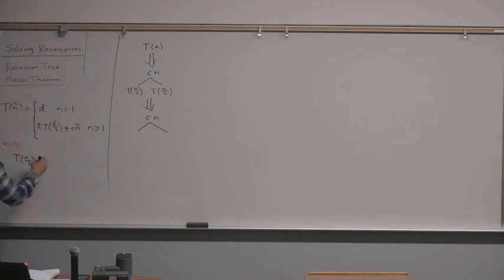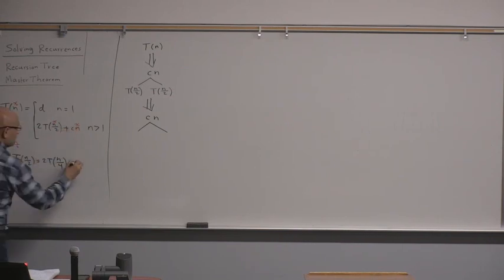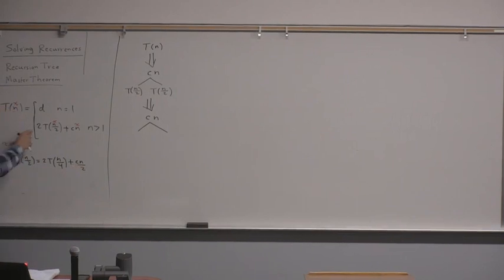Then this will be 2T of n over 4 plus, what's x? x is n over 2, so it's going to be cn over 2. Just substitute n over 2 for x, and this will give you T of n over 2 is 2T of n over 4 plus cn over 2.